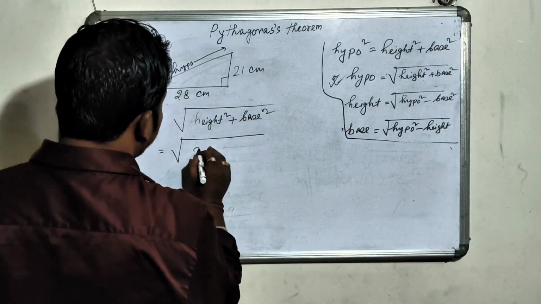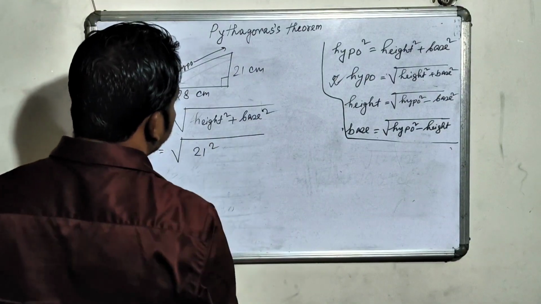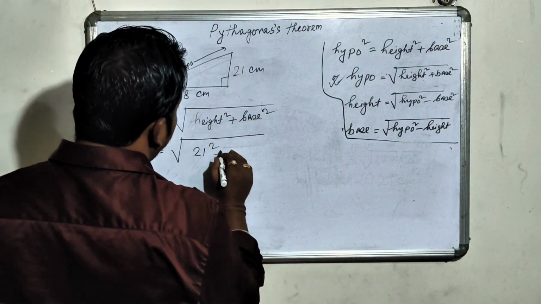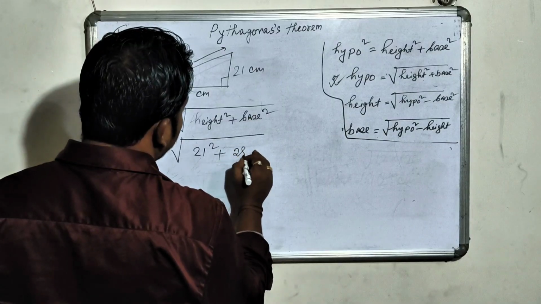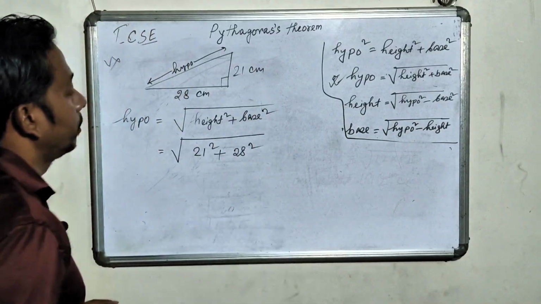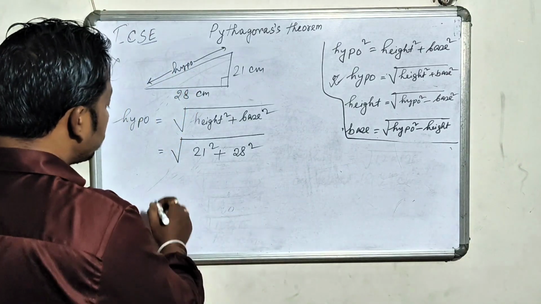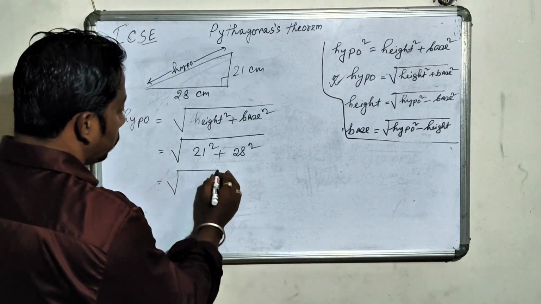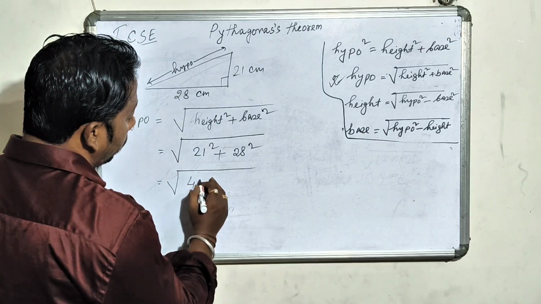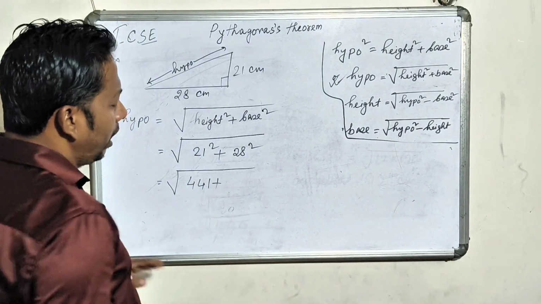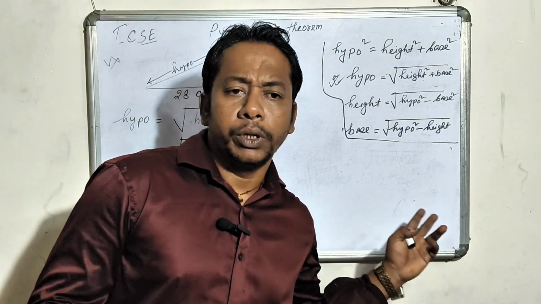So here height is 21 centimeter, that is 21 plus 28 centimeter square. Okay, simply find it out. So 21 centimeter square is 441, and you can easily multiply 28 into 28.